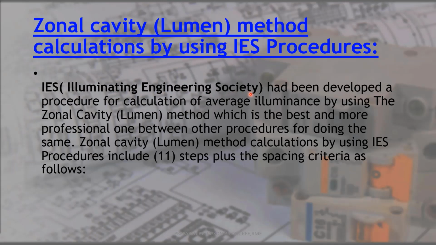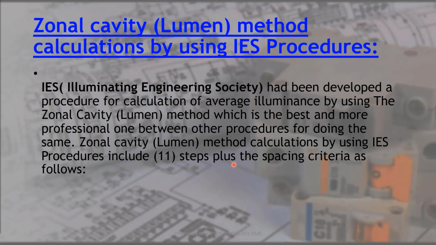It developed a procedure for calculation of the average illuminance by using the zonal cavity. And by using IES procedures, we include the 11 steps. But the spacing criteria, I did not consider under your course because this is a deep mathematical analysis. So we just only consider the 11 steps.